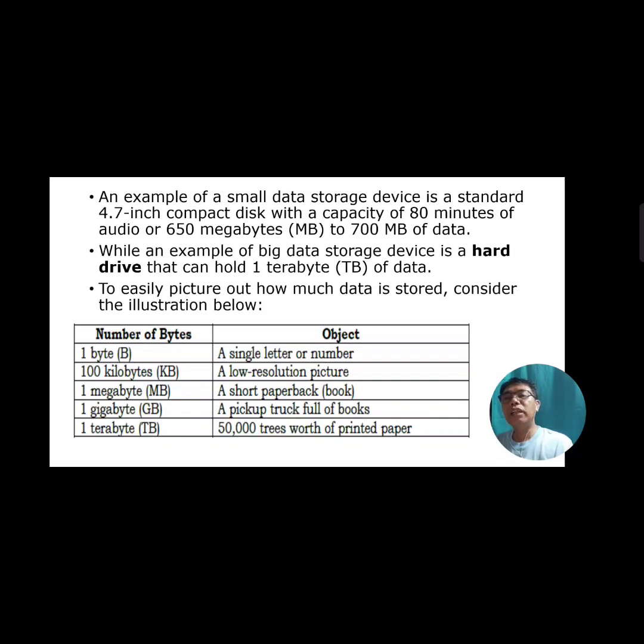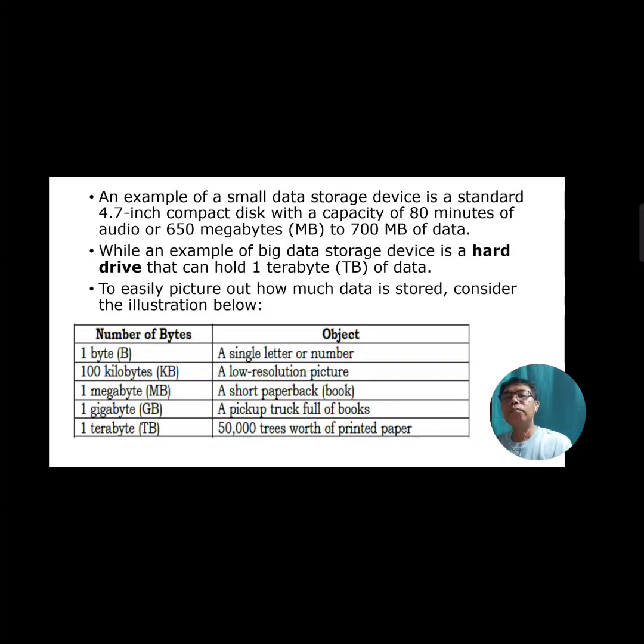Next one is 100 kilobytes or KB, a low resolution picture, meaning to say maybe your picture is blurred, your picture is snowy, your picture is quite dark. 1 megabyte or MB is just like a short paperback book. Okay, 1 short paperback book.